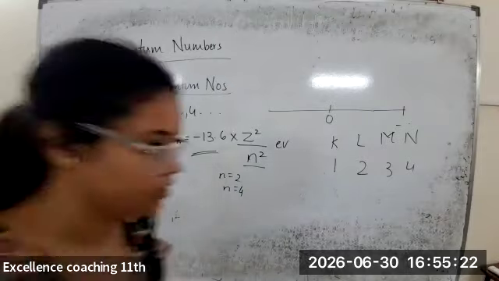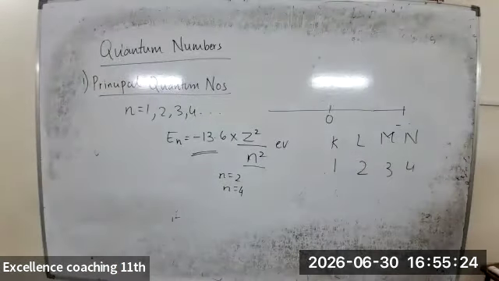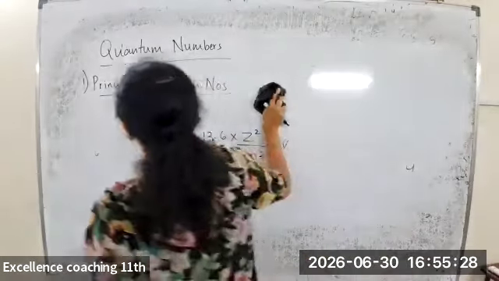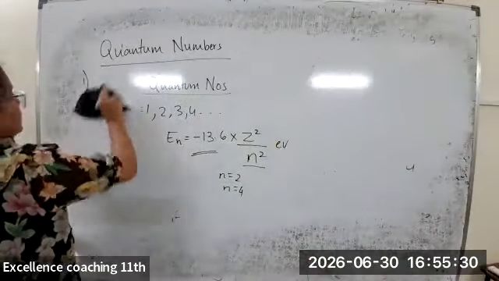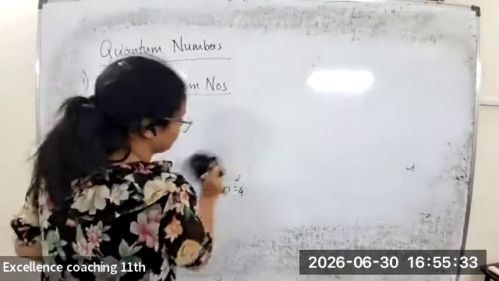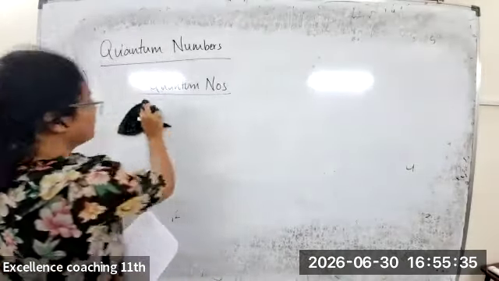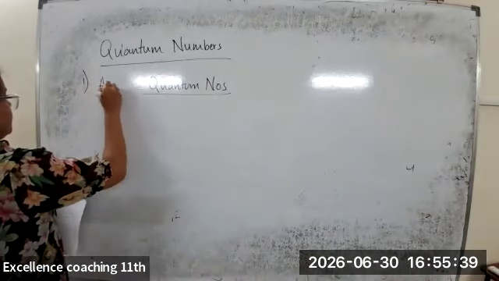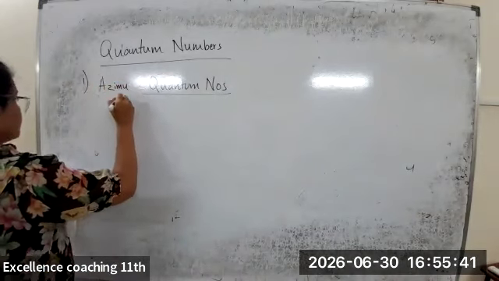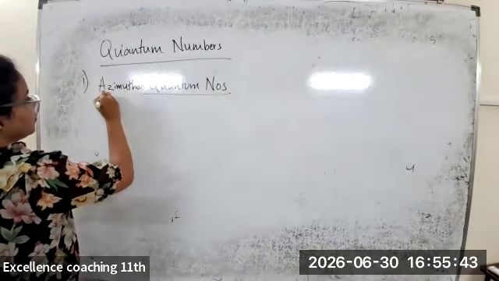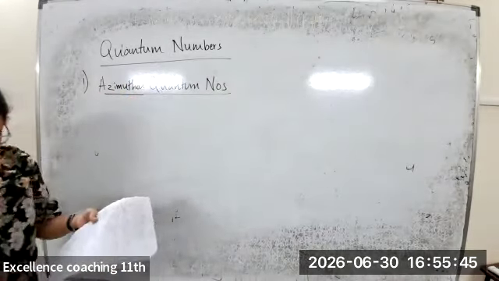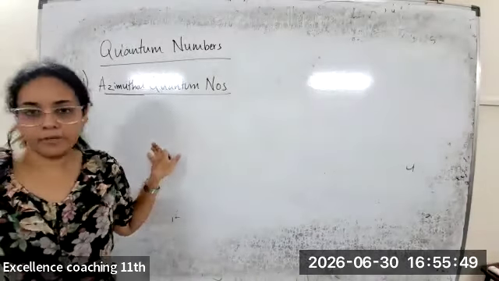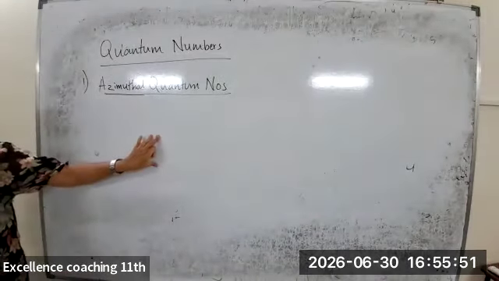Okay, if you all have understood the principal quantum number, let us move to azimuthal quantum number. Azimuthal quantum number speaks about the subshell.